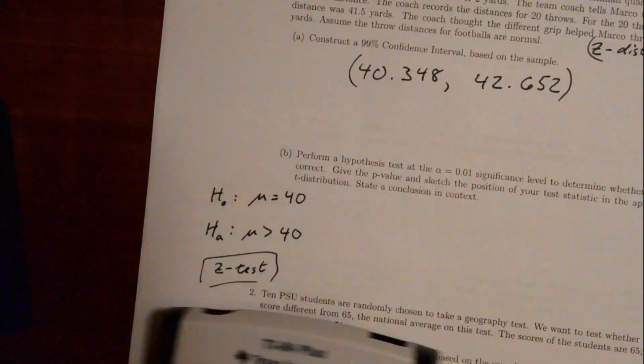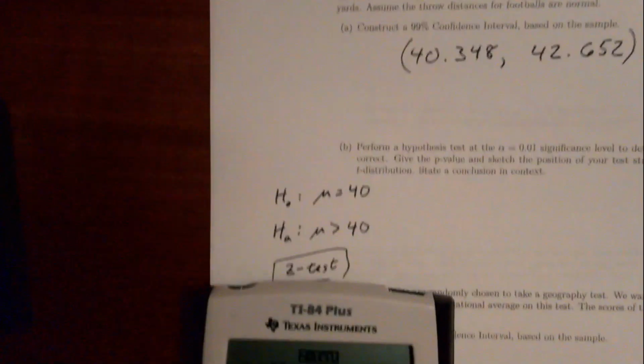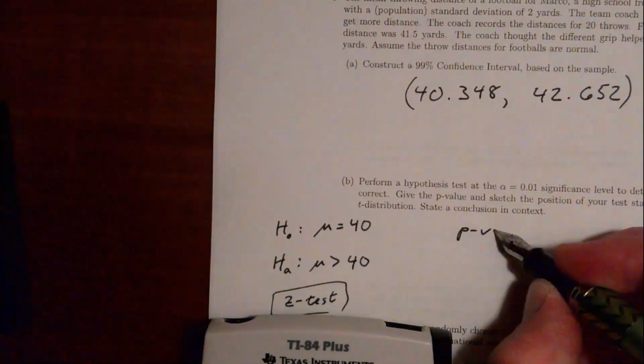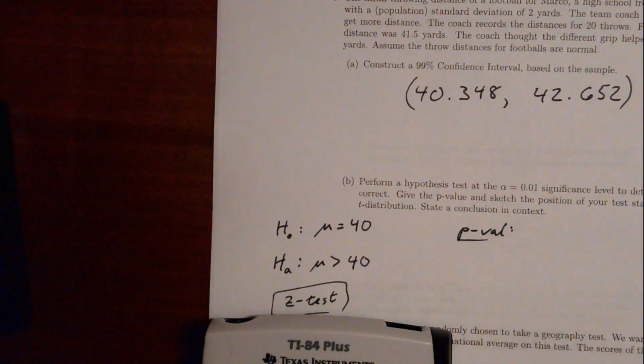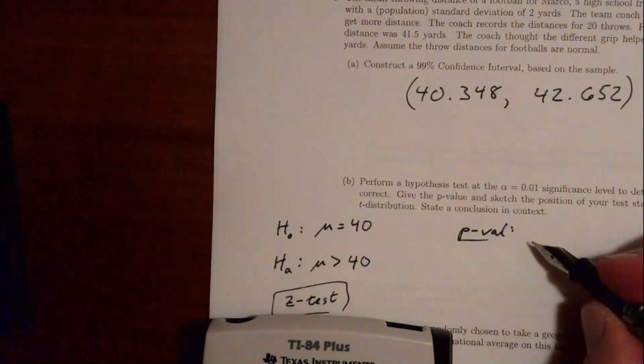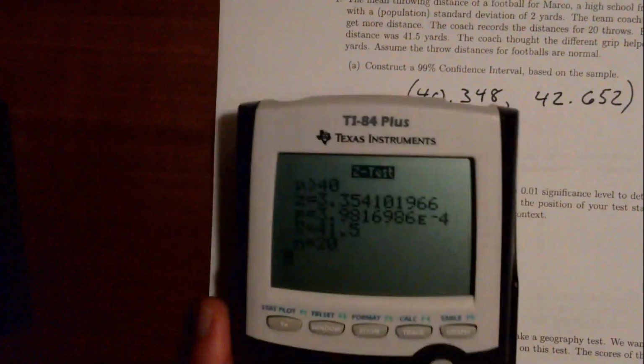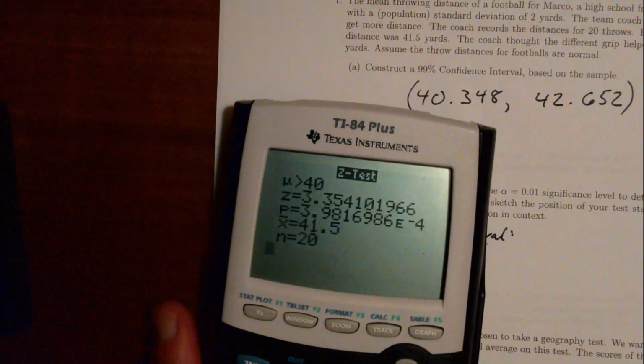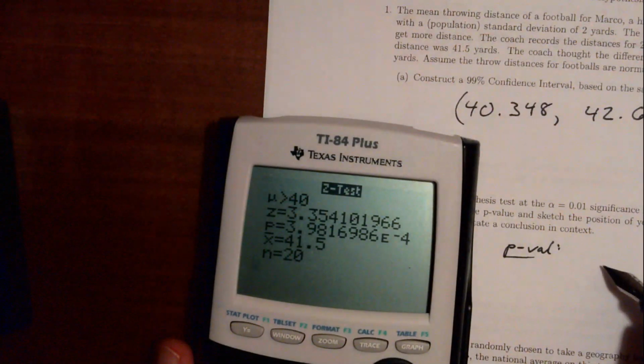All right, what does it want? It wants the p-value. And here, just a note on this. This is being given in scientific notation because the number is so small.